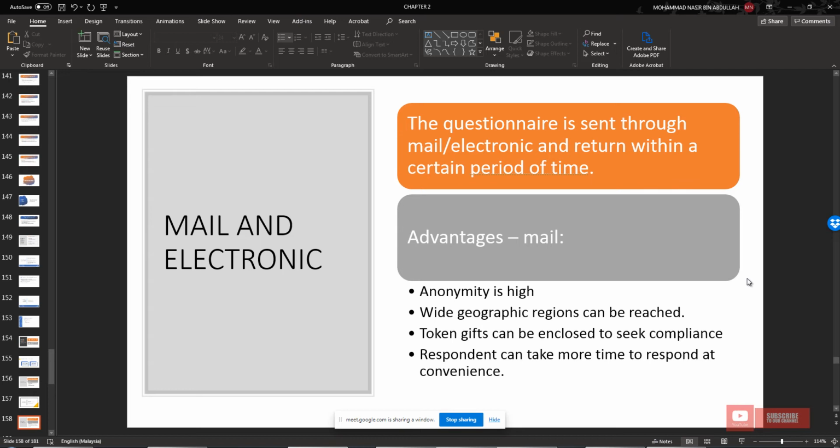A token gift can be enclosed to seek compliance, right? Respondents can take more time to respond at their convenience, so the data collector does not need to wait in front of the respondent for them to answer the question, right?